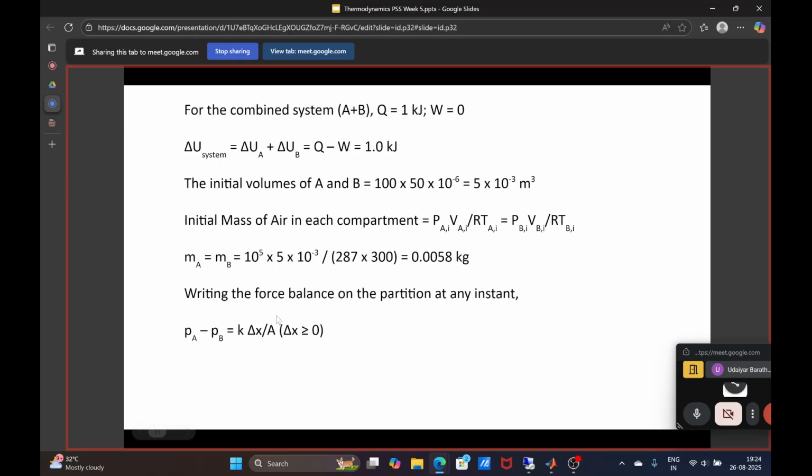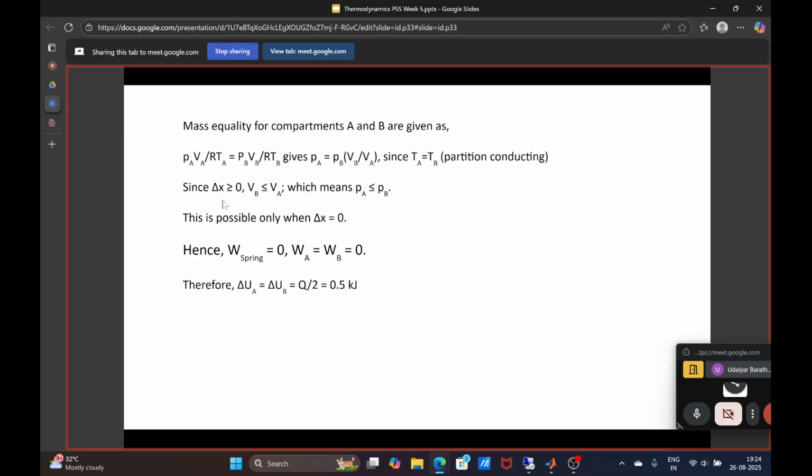We started with delta x greater than 0, assuming compartment B is getting squeezed, the spring is getting compressed, compartment B volume is reducing and compartment A volume is increasing.